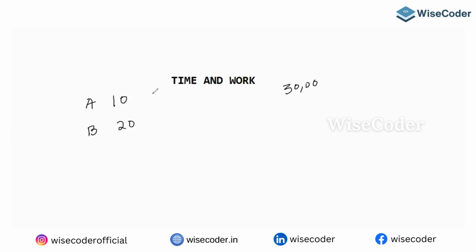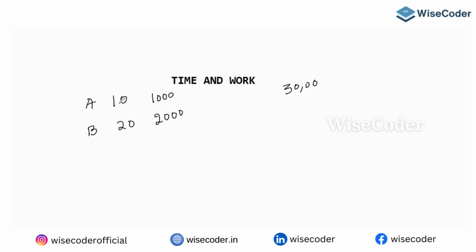Don't be confused that this fellow is going to get 1,000 rupees and this fellow 2,000 rupees. That is not going to be your answer, because A is taking only 10 days to finish that work and B is taking 20 days.